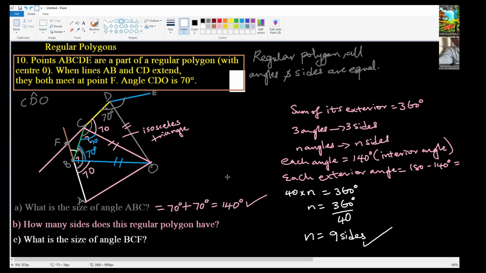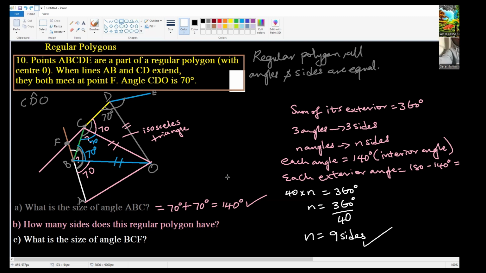Where can you find BCF? What colors can you see around the place where you can find BCF? White, pink, and yellow. BCF, try again. There's a triangle named BCF in that place.